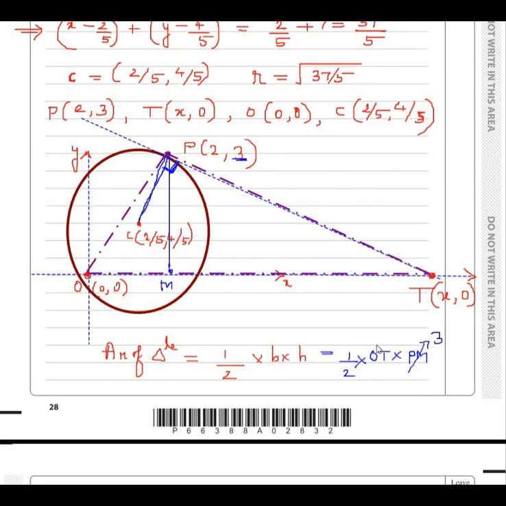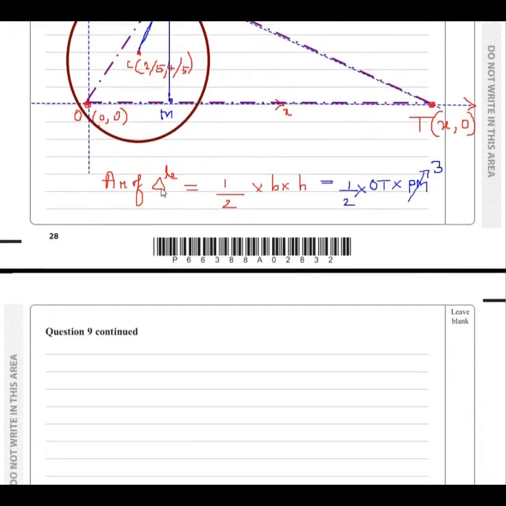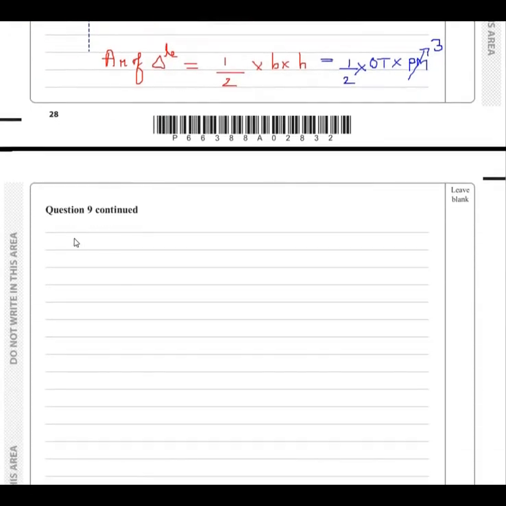But to find OT, the base length, the origin coordinates we do have as 0, 0, but we do not have the x coordinate of T. We need to find that. To find that, we are going to make use of CP. So let us use that and find the gradient.